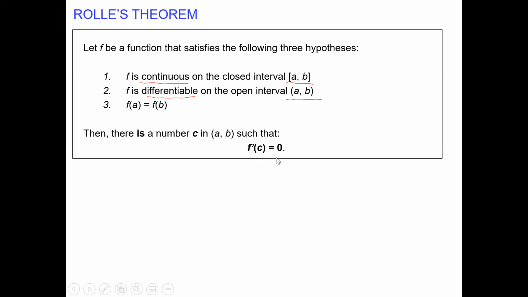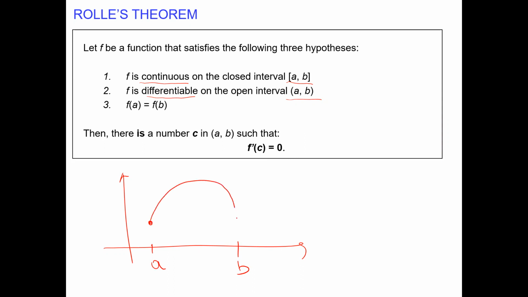And the derivative at c being 0 means that the tangent line has slope 0. Slope 0 for the tangent line means a horizontal tangent always exists under this condition. I have the graphs on my other slide, but let's take a function defined on a and b, a continuous function, and we can see the same value for a and the same value for b.